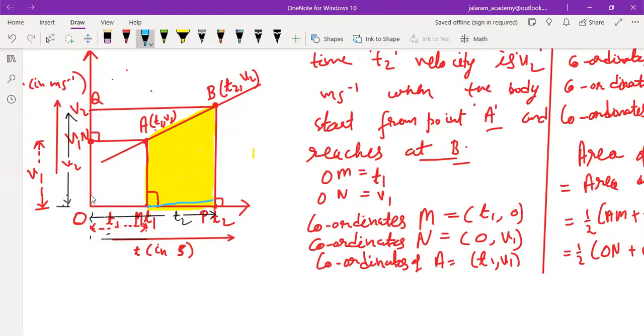Clearly this MP equals to complete OP minus OM.